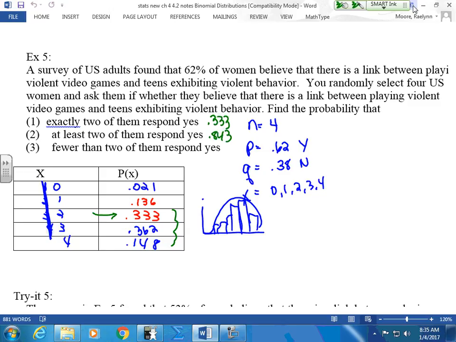What's the probability that's fewer than 2? What is fewer than 2? 1 or 0. Good. Now, all I want this time are these 2. I have 2 ways to do this. Can anybody tell me one way to do it? Add them. So I add them together, and I get 0.157.